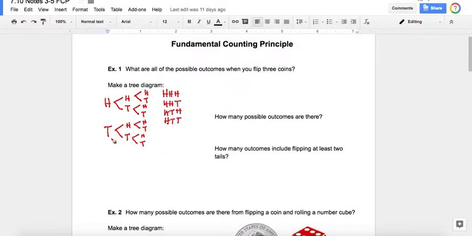Now looking at this part of the tree diagram, we have tails, heads, heads. We have tails, heads, tails. We have tails, tails, heads. And lastly, we have tails, tails, tails.